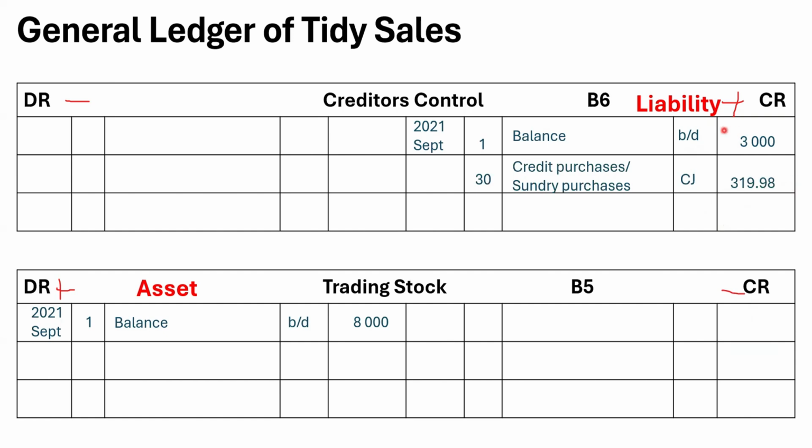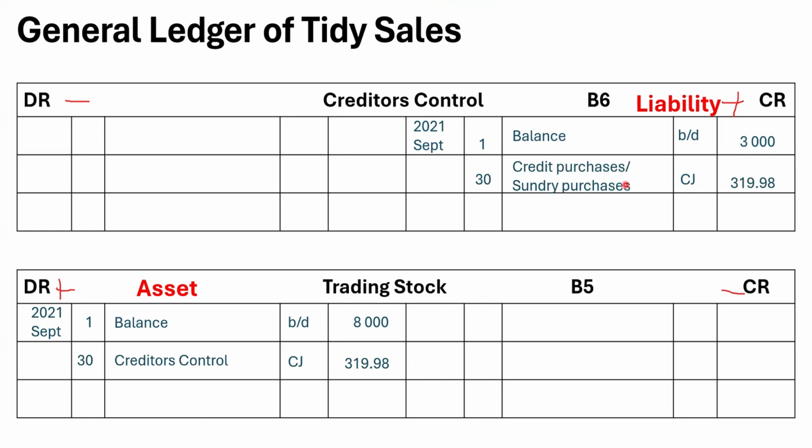Then you say every debit has a credit. So on the debit side of trading stock, I buy trading stock, I have more trading stock. Day 30, creditors control is my contra account, CJ and 319.98. So I debit trading stock, I credit creditors control.